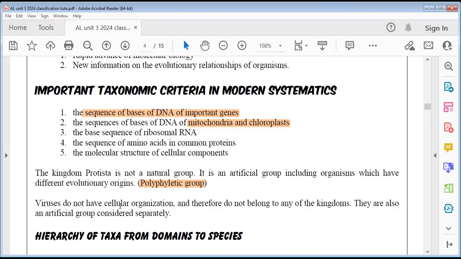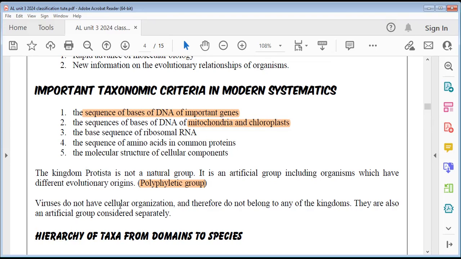Understood? It doesn't come to any other. All the ones who don't have a cellular organization, with a protein coat and a piece of DNA or RNA, if that structure is there, you are a virus. You stay as a virus. That way, we have made another artificial group also, the virus. The difference between Protista and virus is that Protista has cellular organization, correct?